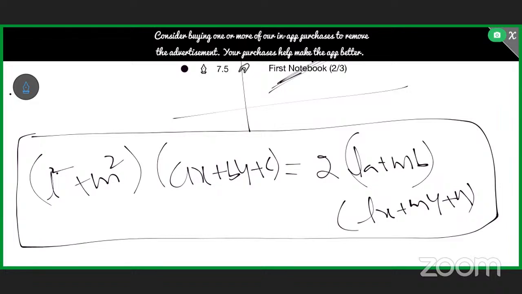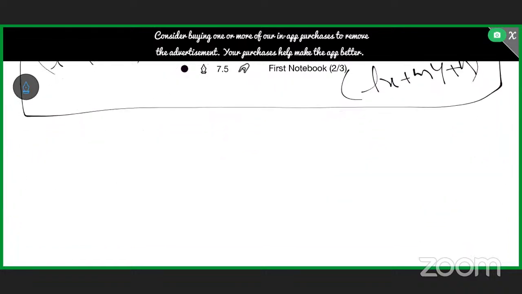Is it clear? Yes, sir, clear. Now we'll come to the concept of foot of the perpendicular.